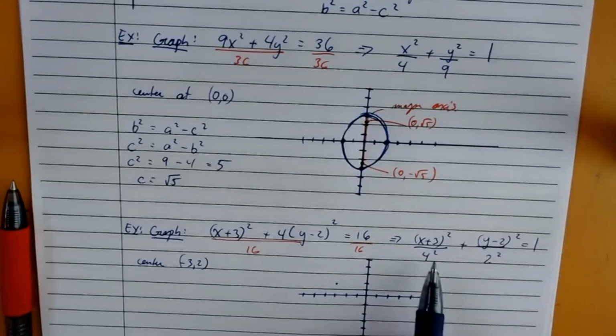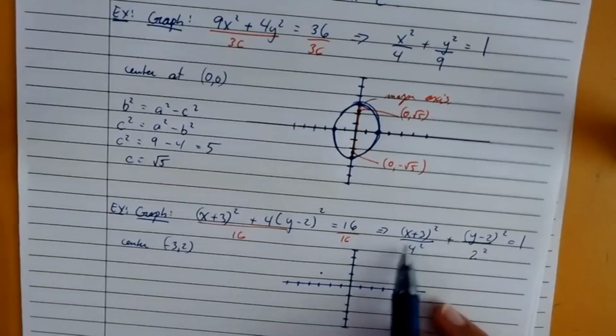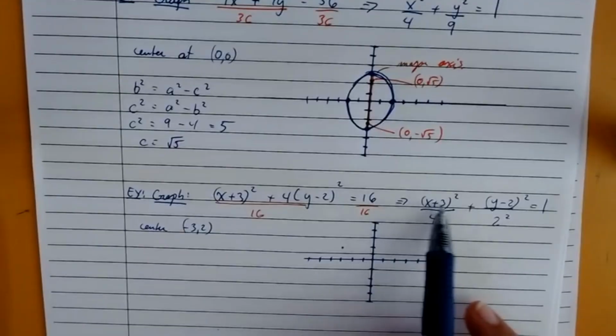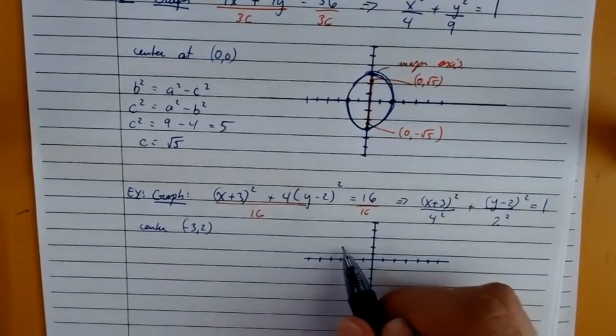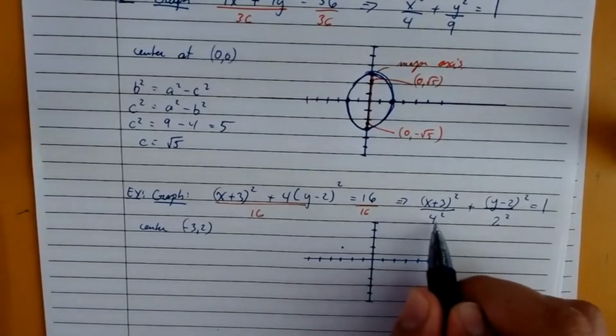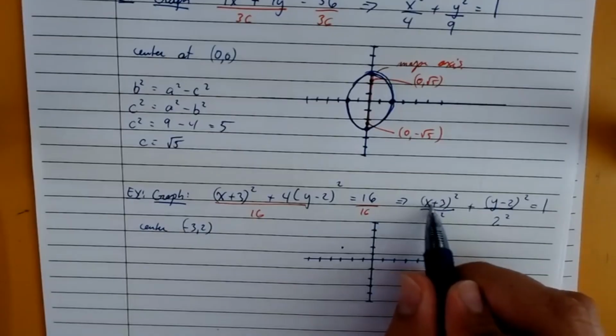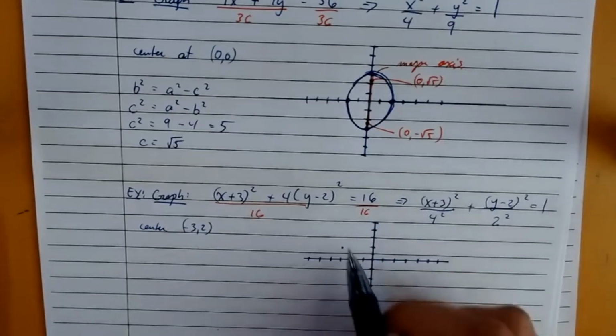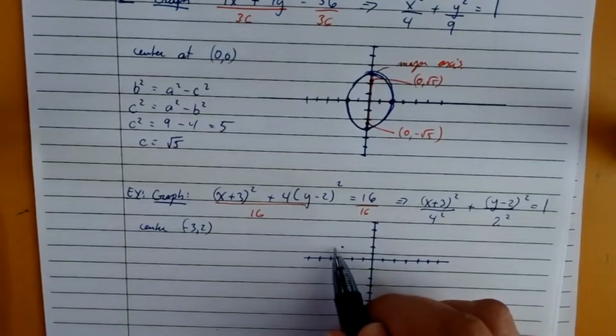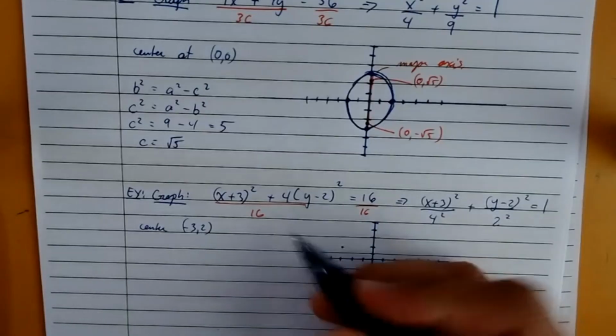Okay? So now, here, that's our bigger number, which means that our major axis will be parallel to the x-axis. If that's your center, well, then that's telling you that your major axis is 4 units along the x-axis from your center. So from here, I'm going to go left, 1, 2, 3, 4.